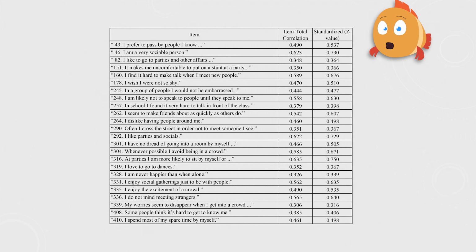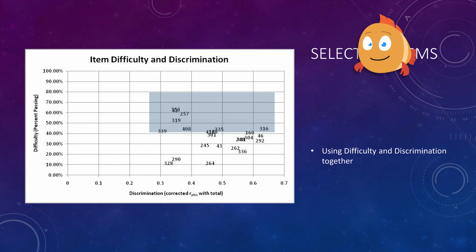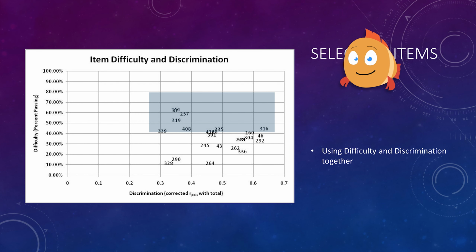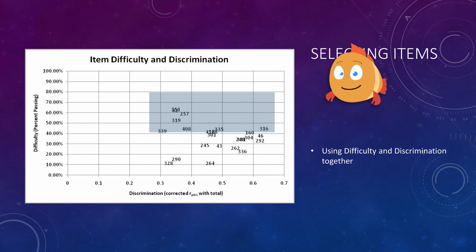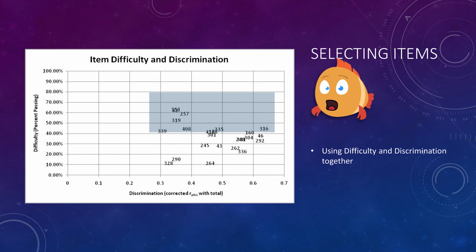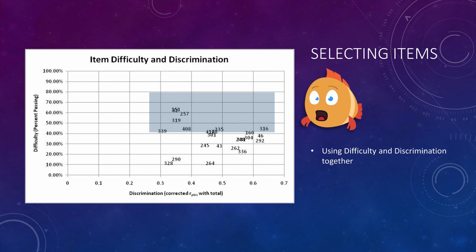I encourage you to do some practice problems to help develop your intuition. And I think this diagram is helpful. You'll see that these aren't perfectly correlated. I recommend using difficulty and discrimination together to make your choices. Here I've got a diagram illustrating the various locations of all the individual items that I've been showing you this entire time.